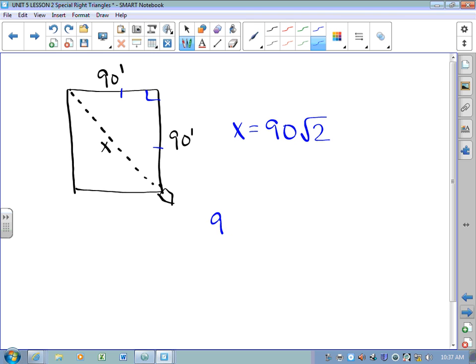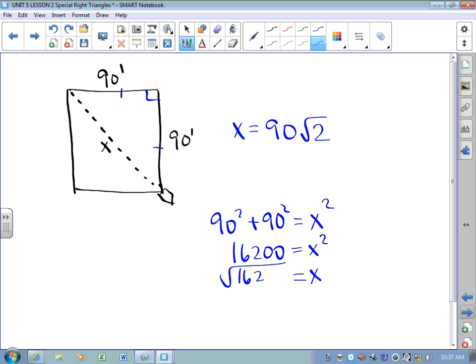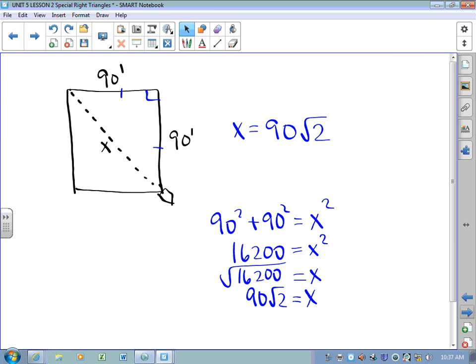If I did, if I said 90 squared plus 90 squared is x squared, so 16,200 is x squared, so x is the square root of 16,200, I'm still going to get 90 radical 2. It's not wrong to do that. But at the same time, I want us to recognize that if you have a 45, 45, 90 triangle, the relationship between the sides is much easier to find.